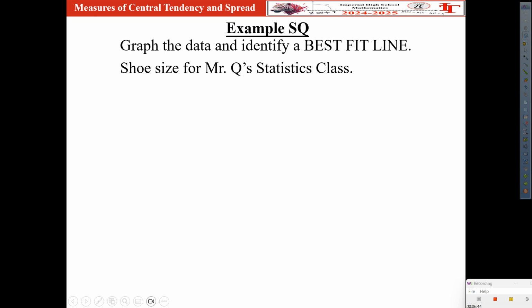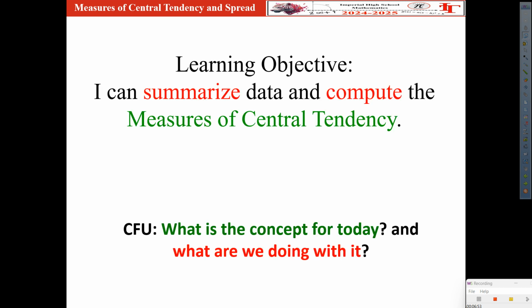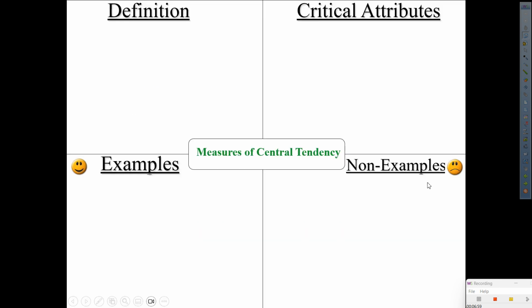Okay? So, from there we moved on to measures of central tendency. With that said, talk to your neighbor, let them know in your own words what is a definition for measures of central tendency. No notes.